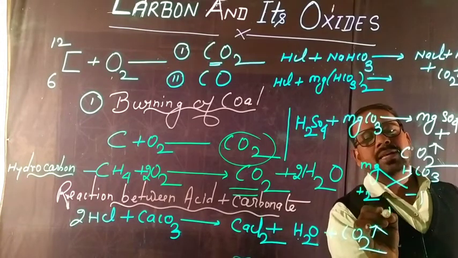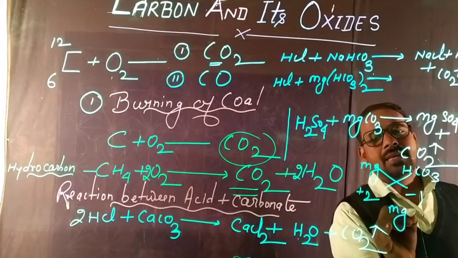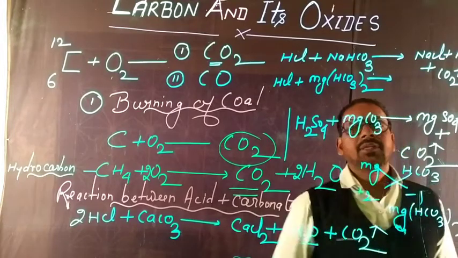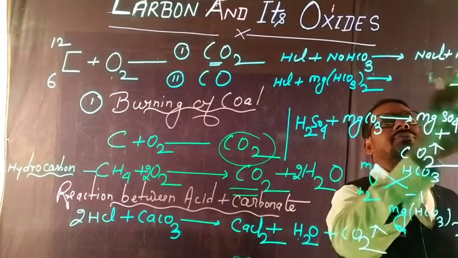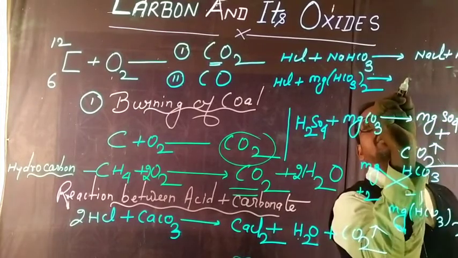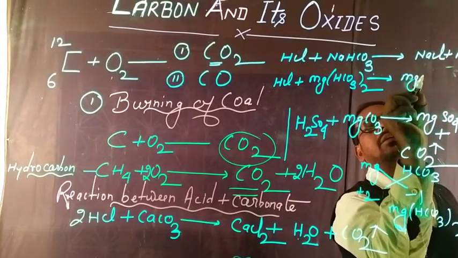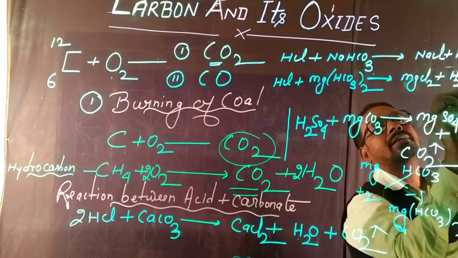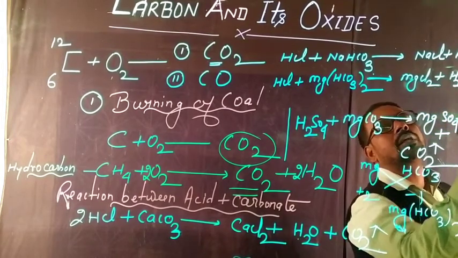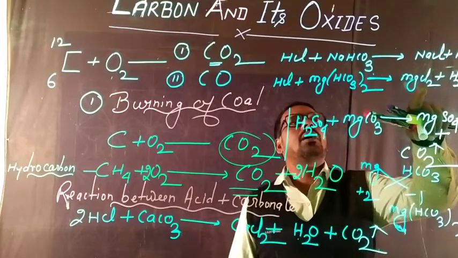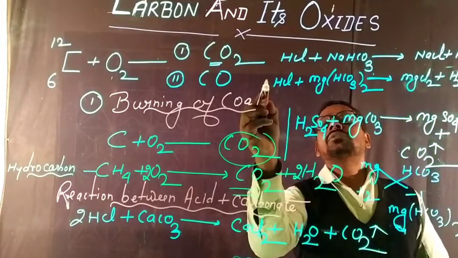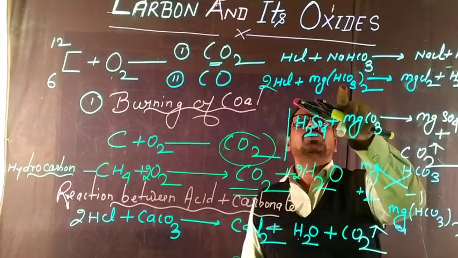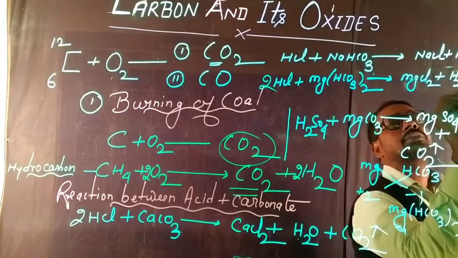By cross multiplying, we get Mg(HCO3) whole twice. Then finally we will get MgCl2, H2O and CO2, and you can balance it. How many chlorines are there? 2, here only 1. By putting 2, just count it. How many carbons are there? 2, because of the whole twice, just putting 2.